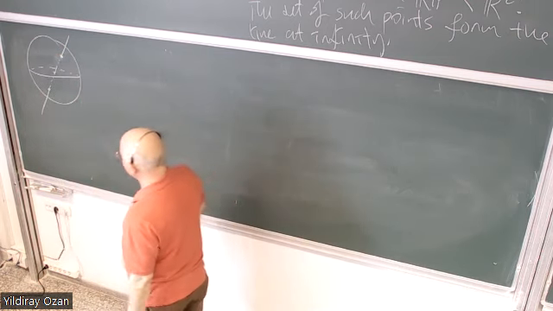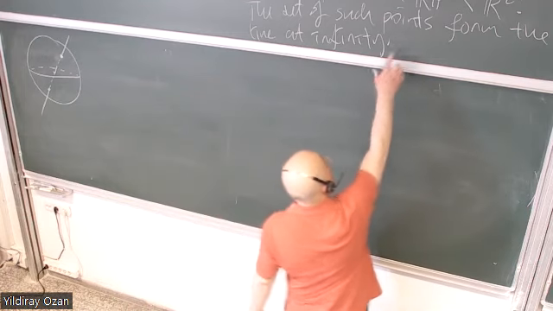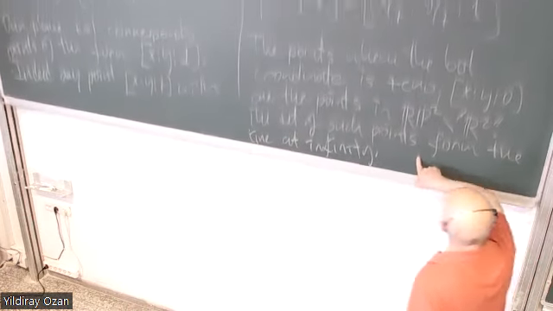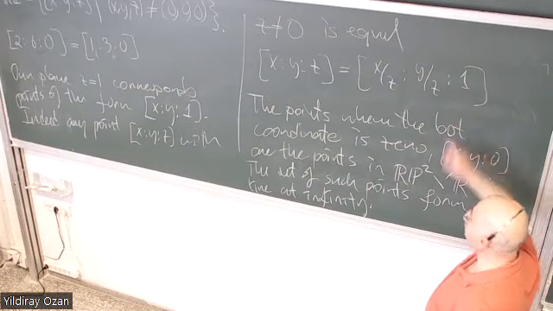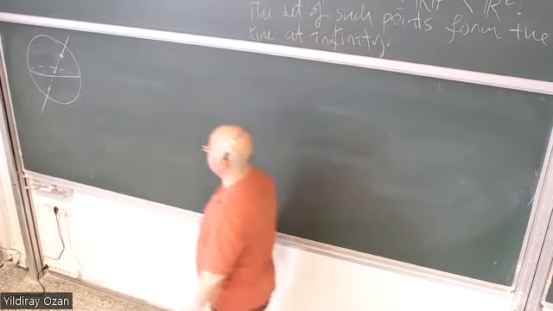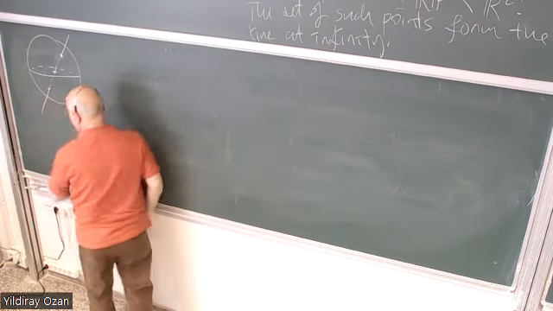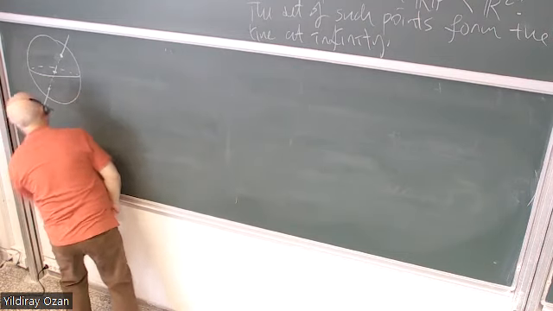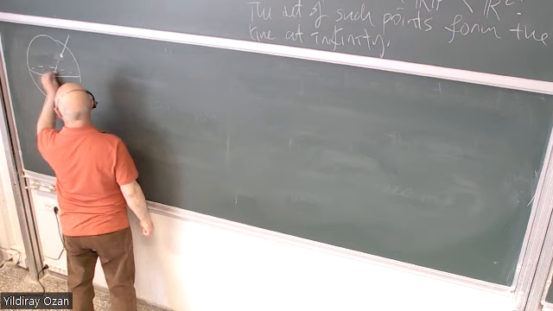So our points where the z coordinate are 0, they correspond to the lines lying in the xy plane.